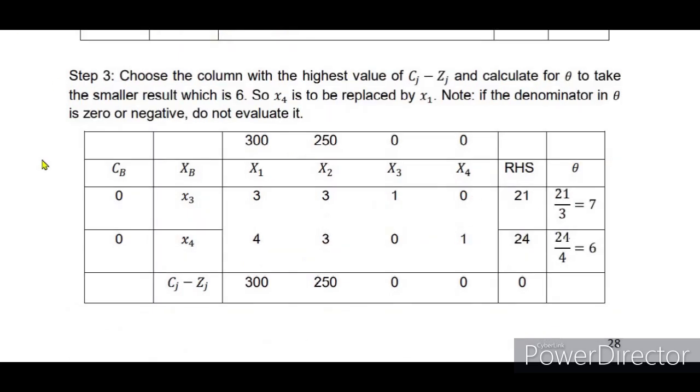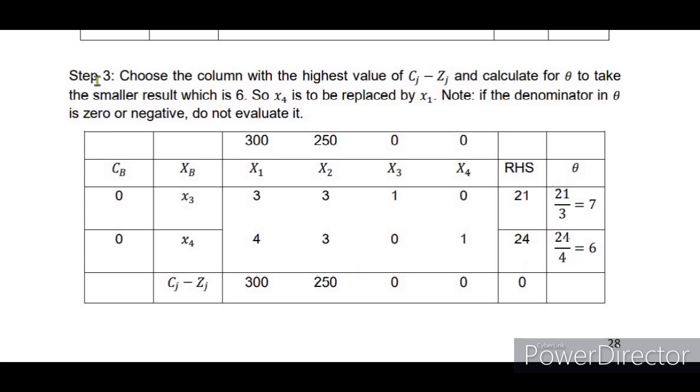Now for step number 3, choose the column with the highest value of C sub j minus Z sub j and calculate for theta to take the smaller result. Okay, so first the highest value here is 300, and now we will calculate the theta. How do we get theta?